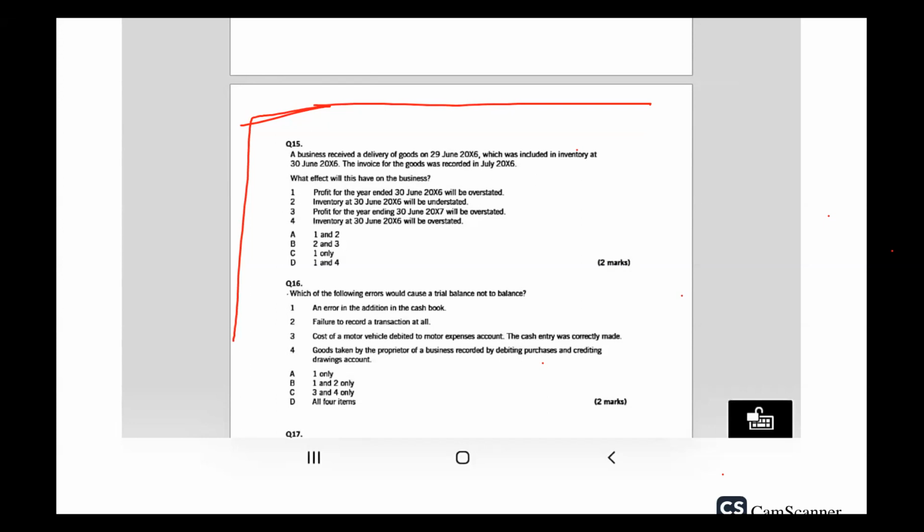One, profit for the year ended 30 June 2016 will be overstated. Two, inventory at 30 June 2016 will be understated. Three, profit for the year ending 30 June 2017 will be overstated. Four, inventory at 30 June 2016 will be overstated.